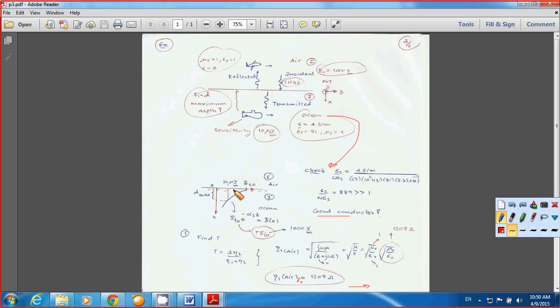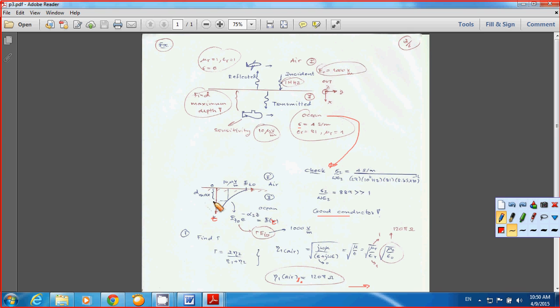The magnitude of the electric field with respect to the depth Z is going to correspond to E_t0 multiplied by exponential negative gamma 2 Z, which is equal to the magnitude of the electric field at any Z.